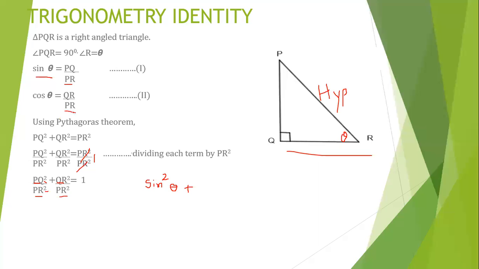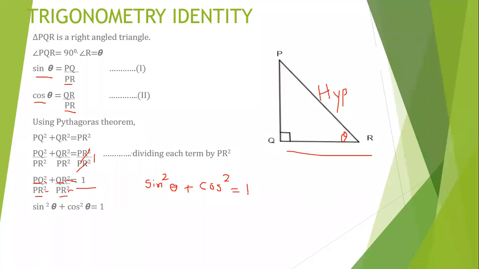QR upon PR is nothing but cos theta, right? So I'm writing cos, and since here we have square, we will write square, is equal to, remaining is 1, so I'm copying it as 1. So from all this, we have derived the trigonometry identity, that is sine square theta plus cos square theta is equal to 1.